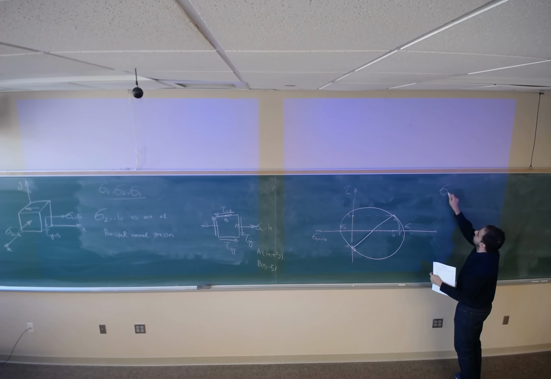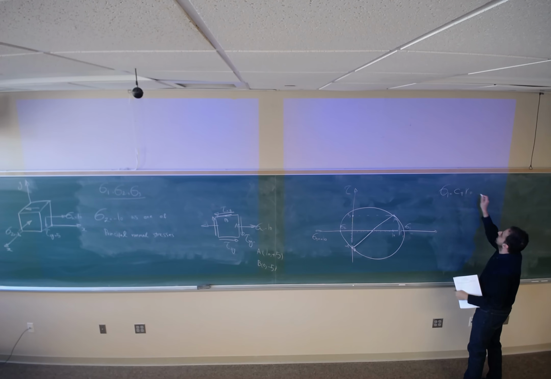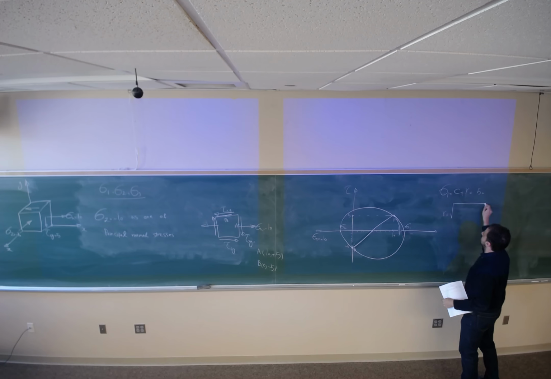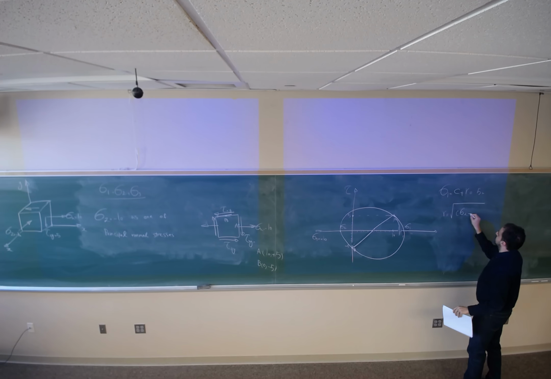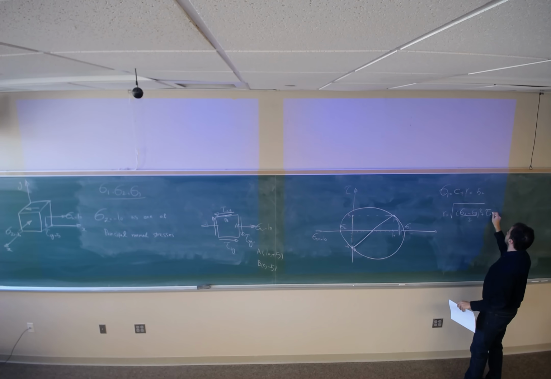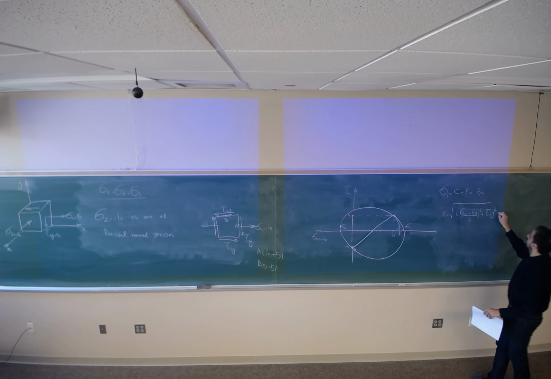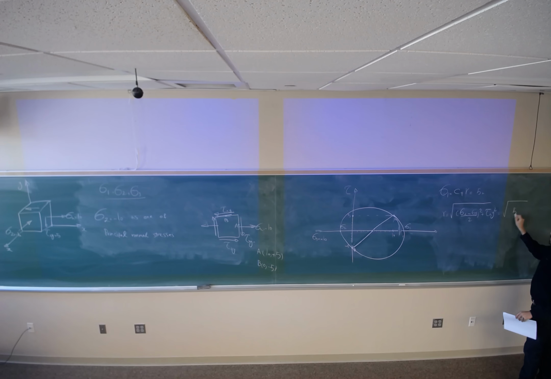Center is 5, radius is the square root of sigma x minus sigma y divided by 2, squared, plus tau xy squared. It's gonna be 10 over 2 squared plus 5 squared, which is 7.07.